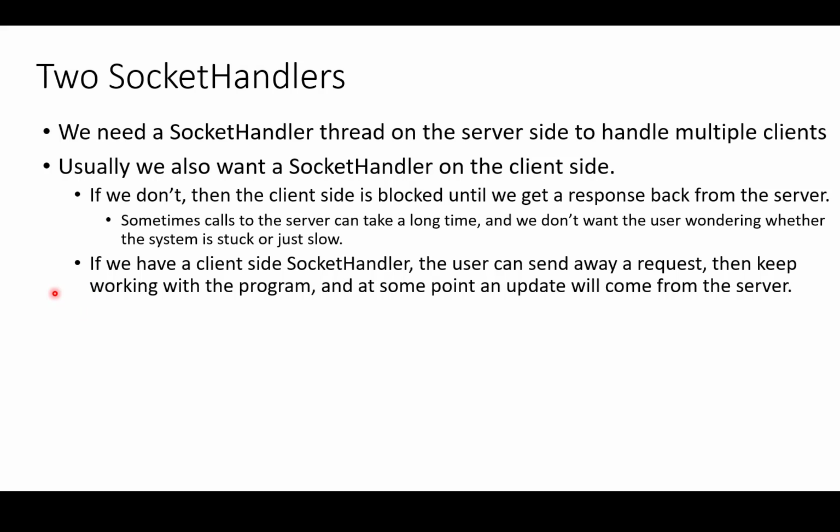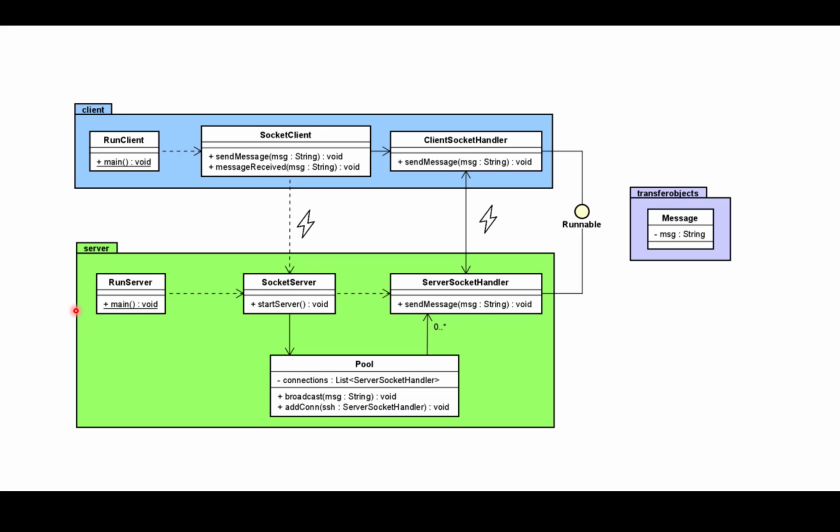Alright, so to do the chat program that we talked about, let's take a look at the UML diagram. I have a client and a server class here to run them. My socket client is going to connect to the socket server, and that will spawn a new server socket thread, server socket handler, and that server socket handler is going into my pool here.